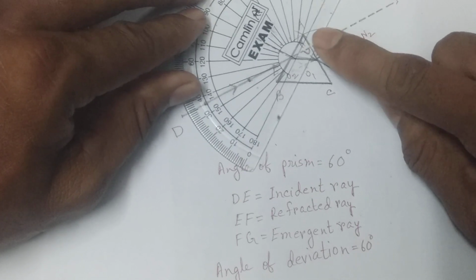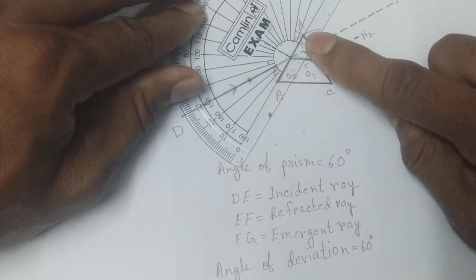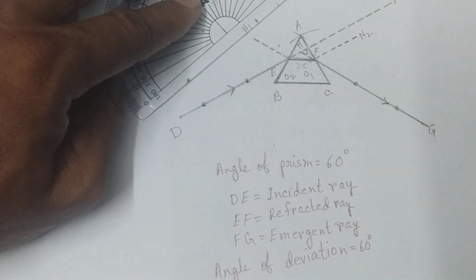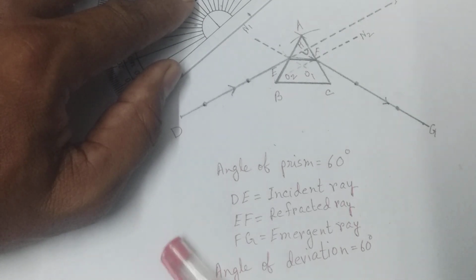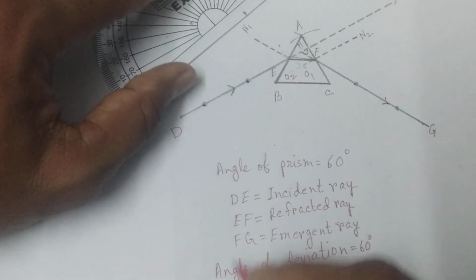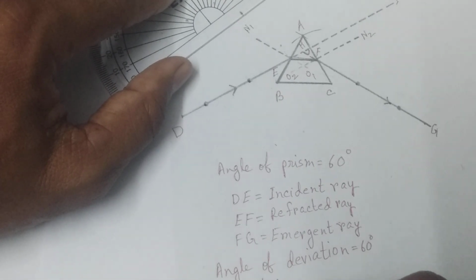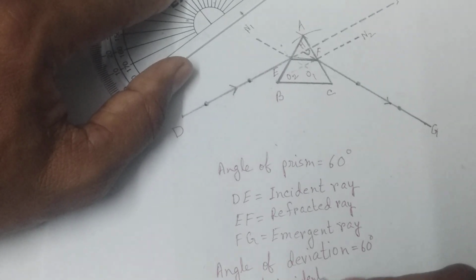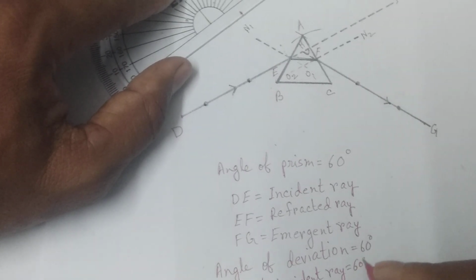The angle of incident ray is also 60 degree, right?